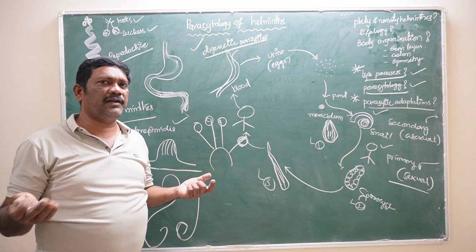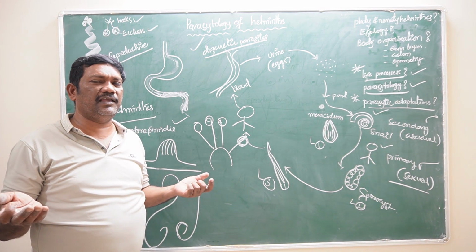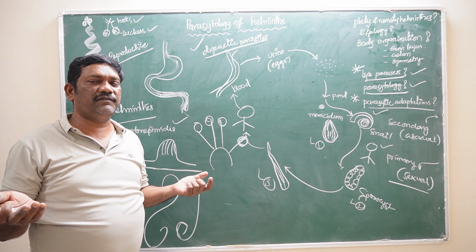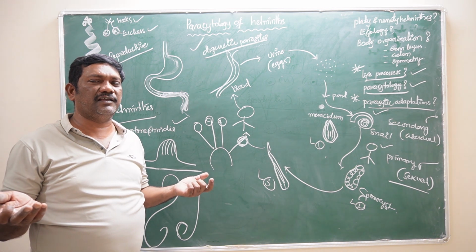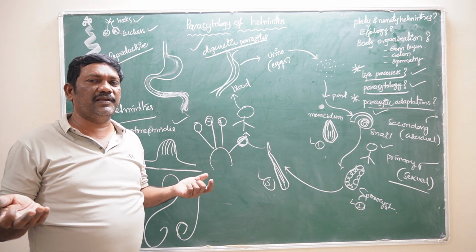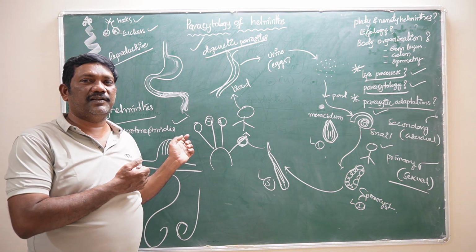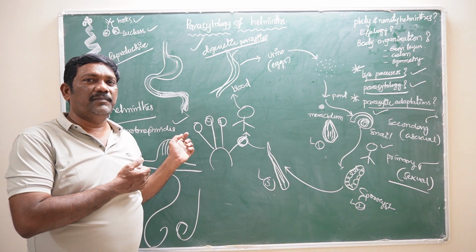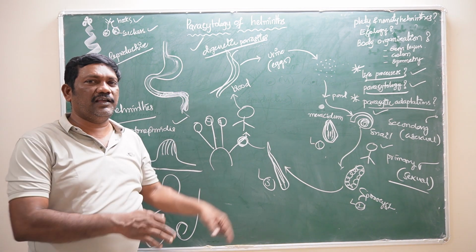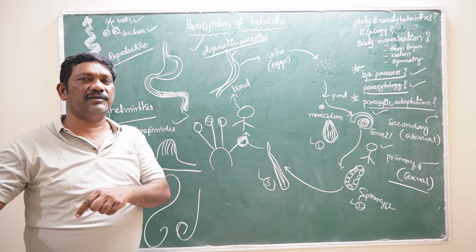Why this number of 2 lakh eggs in a day? Why are this many eggs released by one female? It means the death rate is very high. That's why the birth rate becomes very high, because through the fecal material they have to come out of the body.